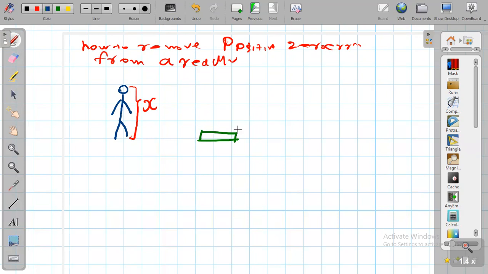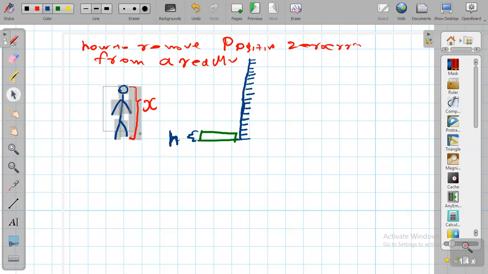But the measuring tape is kept along a certain wall. The wall is starting from the floor. Now this one has some initial height of H.